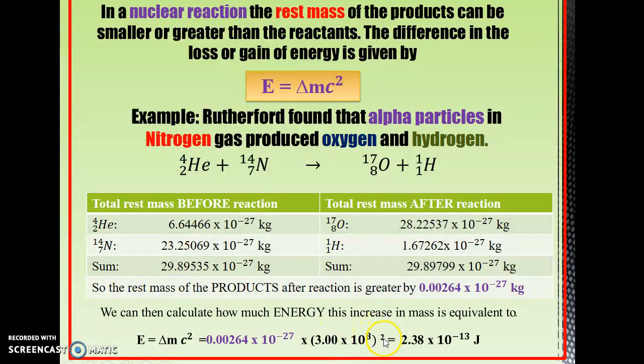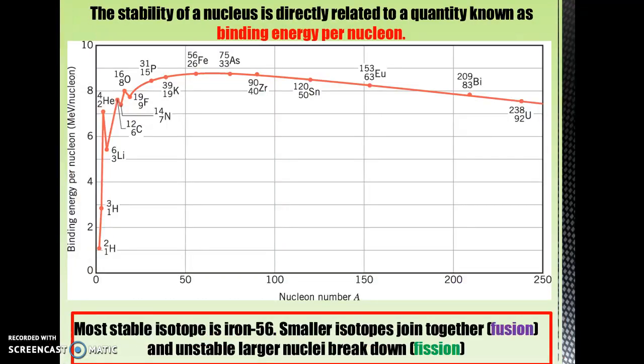Don't forget to square. And we get this value, 2.38 times 10 to the minus 13 joules. So that's the amount of energy that is equivalent to that increase in mass.